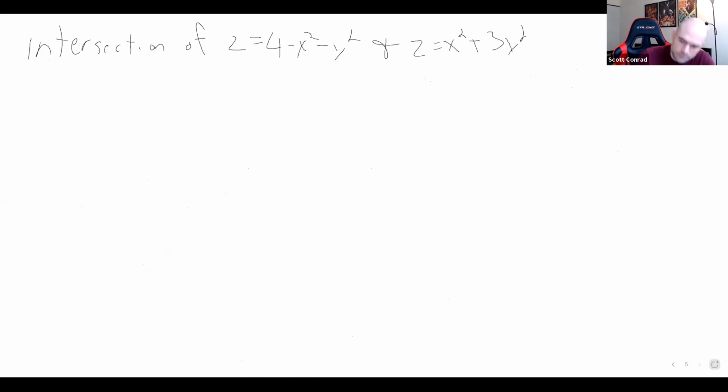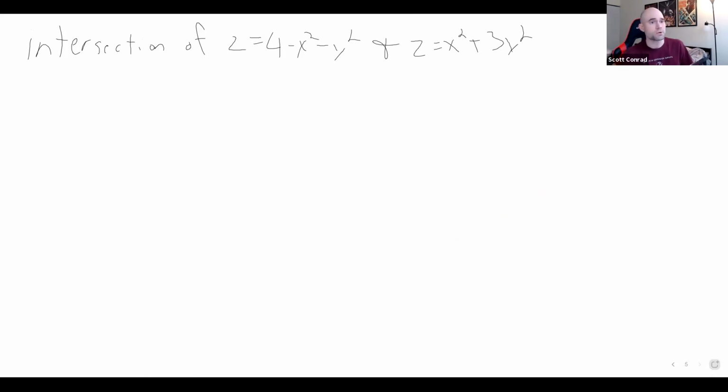Okay, so let's look at the intersection of the top surface and the bottom surface. So the intersection, well, we have z equals something, z equals something.